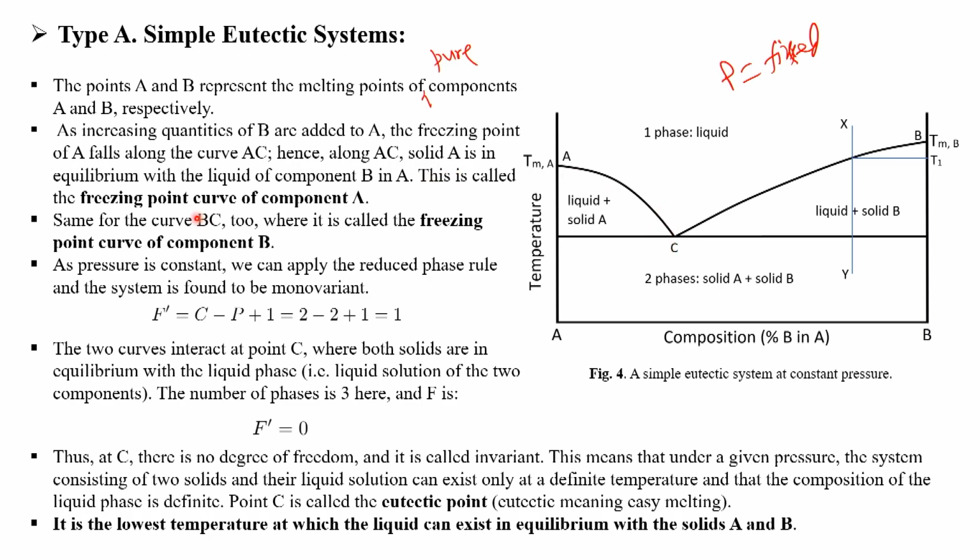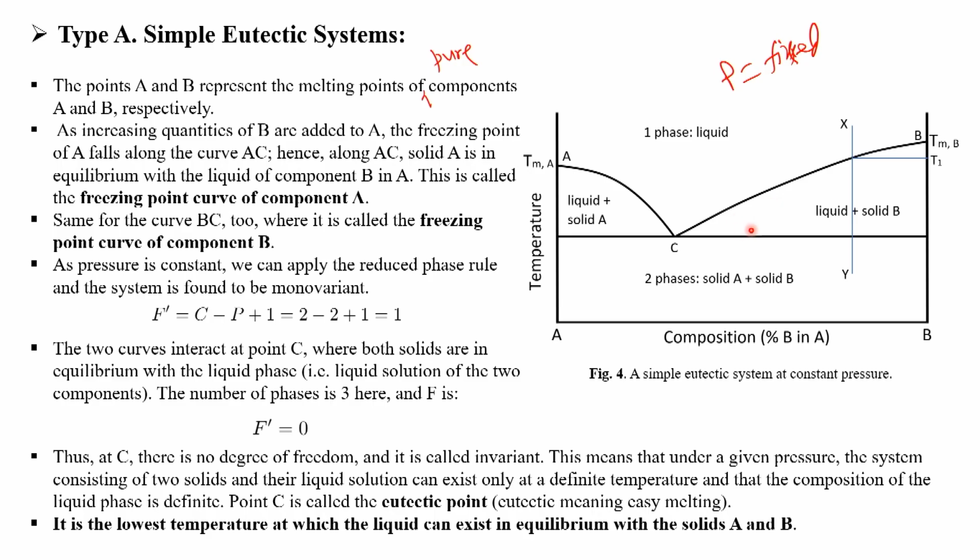Here solid A is in equilibrium with the liquid component B in A. So this is called the freezing point curve of component A. This is how the freezing point of A changes as we increase the concentration of B. Same for the curve BC, which is called the freezing point curve of component B, just as for AC we get the freezing point curve of component A. So BC represents the freezing point curve of component B.